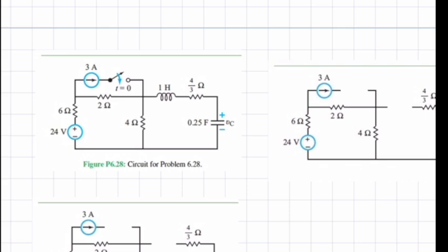Connect the current, and then 3 amps going in, 3 amps going out. Oh, we got at infinity is 0. It's a break. It doesn't matter. Is that an inductor?